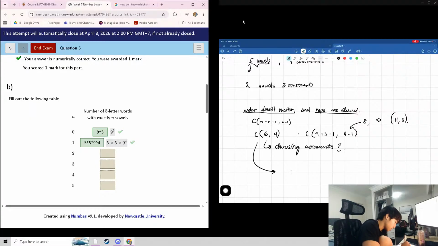Someday I will understand. But this is this multiplied by this. I hope that's right.